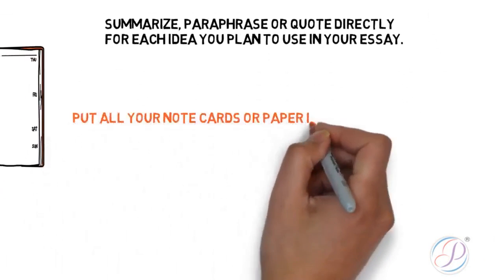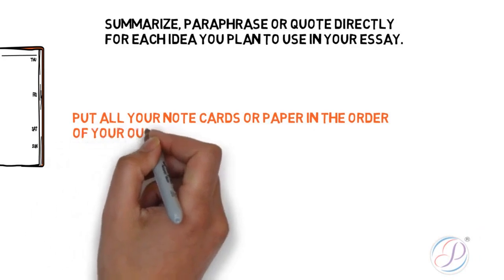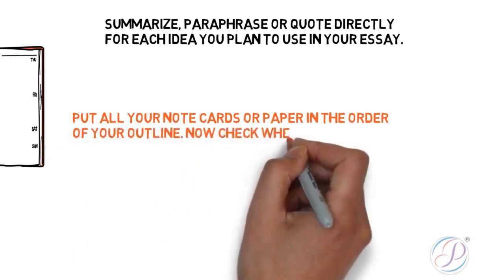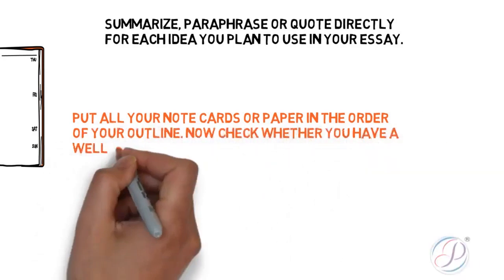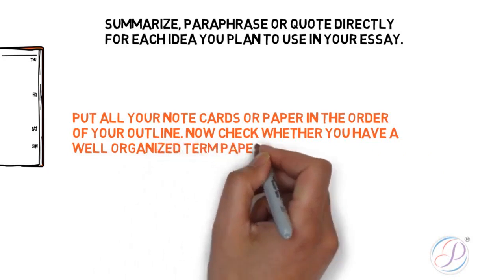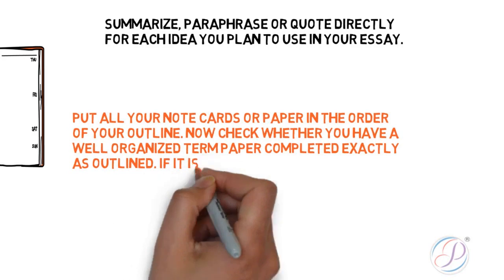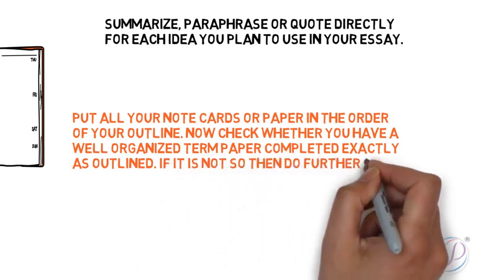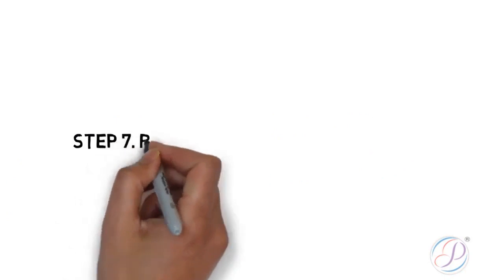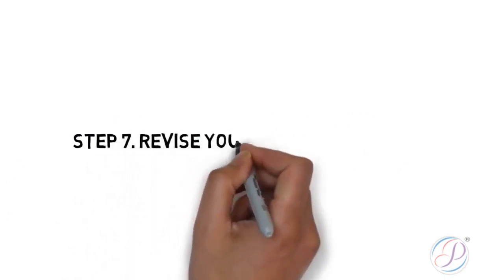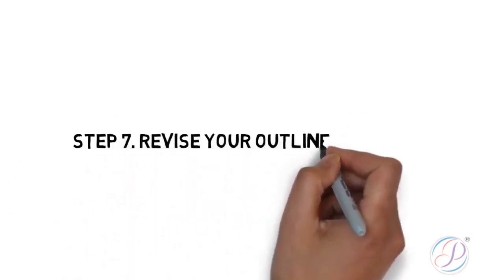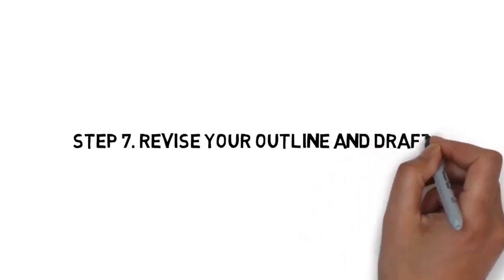Put all your notes or paper in the order of your outline. Now check whether you have a well organized term paper completed exactly as outlined. If not, then do further research to improve your understanding of the subject and gather more information so that you can write a better research paper.